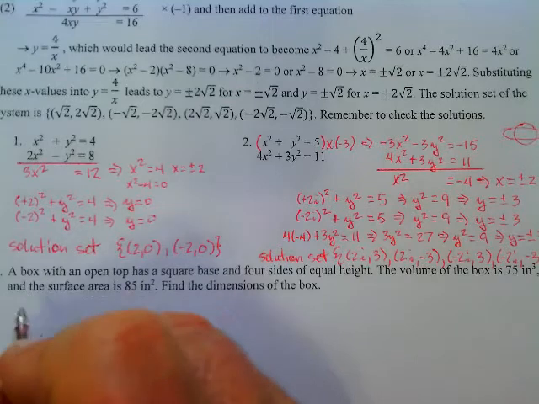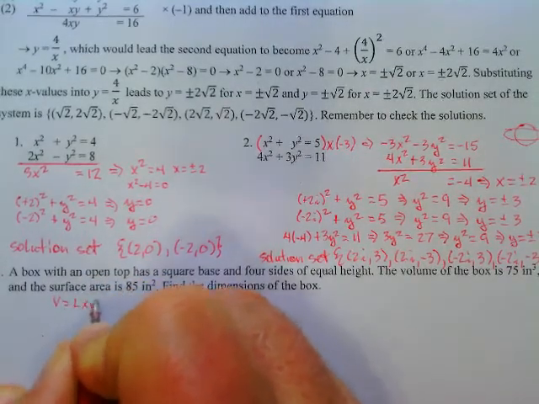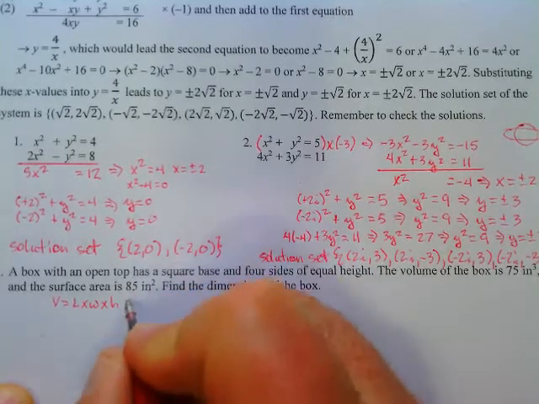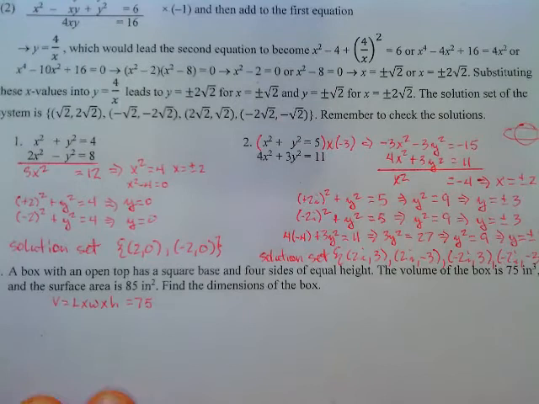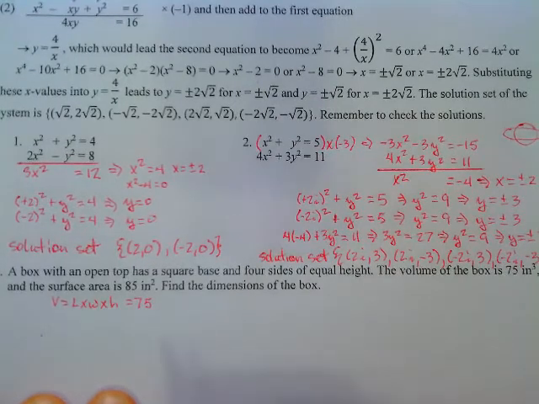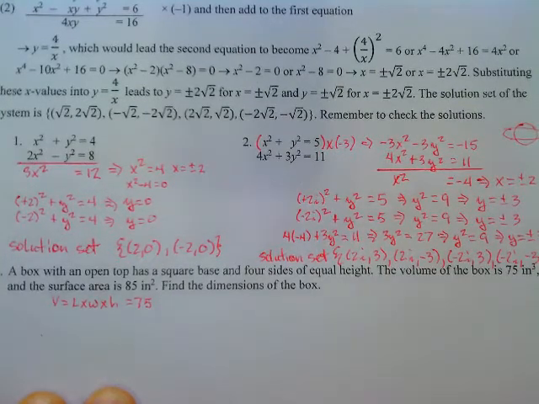So just as a reminder, first off, for volume, that is length times width times height, which is going to be 75. Now, since this is a square base, that means all the sides are equal.